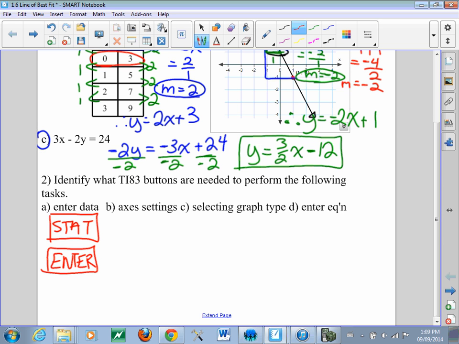And then to access the settings, the X max, the X min, the Y max, the Y min, that's when you press the window button. That's to get your screen to show all your data in it. And then for C, selecting the graph type, that's your stat plot, which is second y equals and enter.